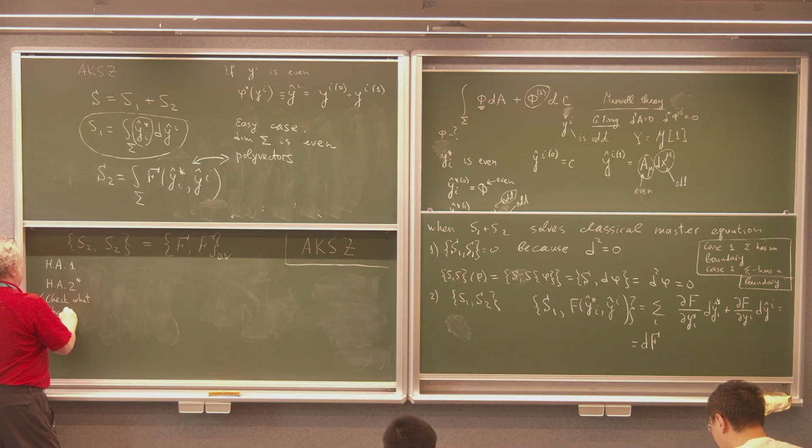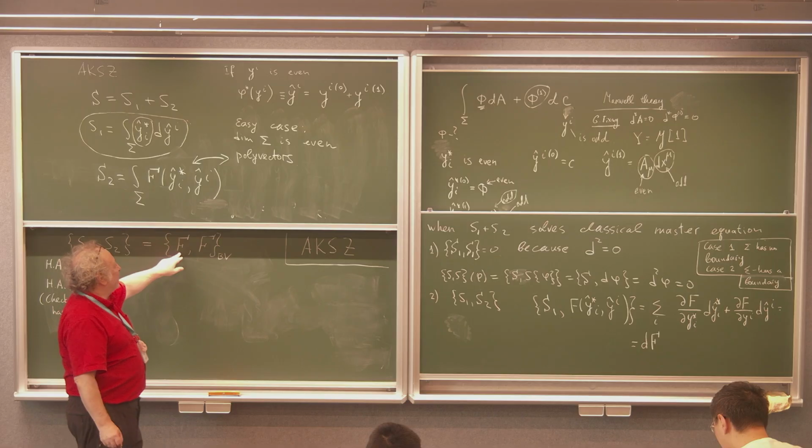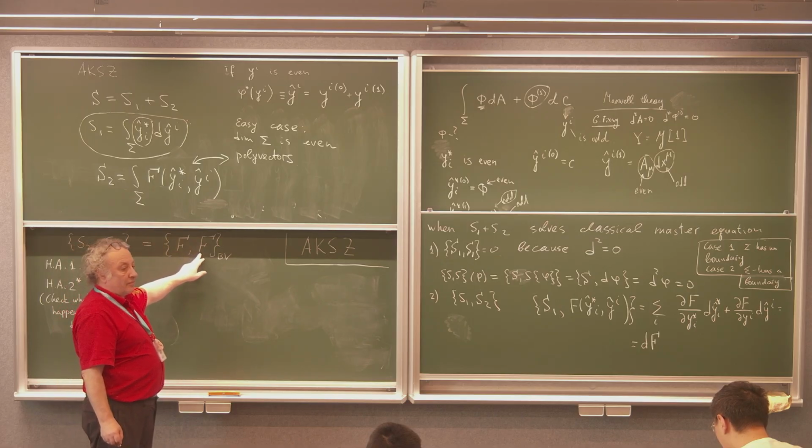Check what happens if the dimension of sigma is 4. In this case, it's not a polyvector anymore. So what's going on? But in the simplest case, it is a BV bracket.